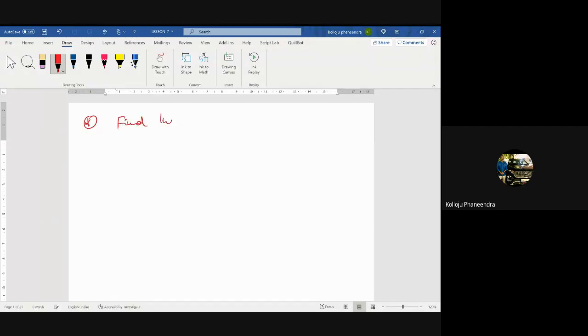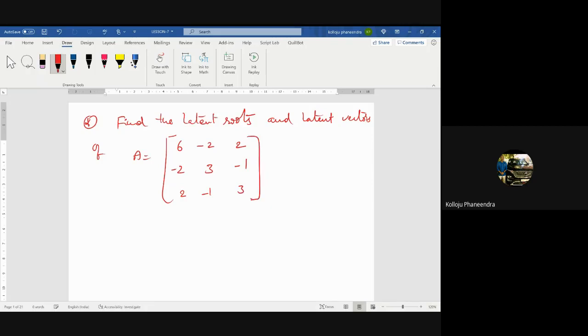Find the latent roots and the latent vectors, meaning eigenvalues and eigenvectors, of matrix A equal to 6 minus 2 2, minus 2 3 negative 1, 2 minus 1 3.